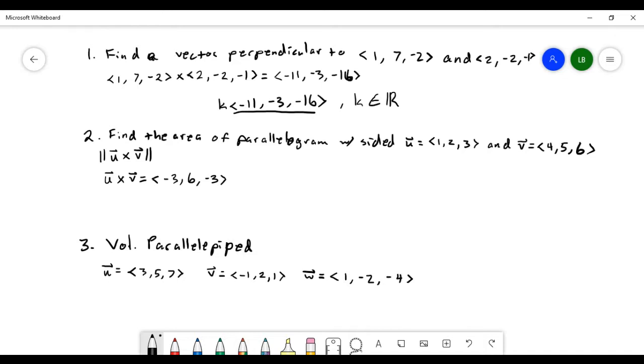Of course, if you did v cross u, you would get (3, -6, 3). But again, they have the same magnitude, so it doesn't make a difference in our final answer, which would be the magnitude of u cross v comes out to be 3 square root 6.